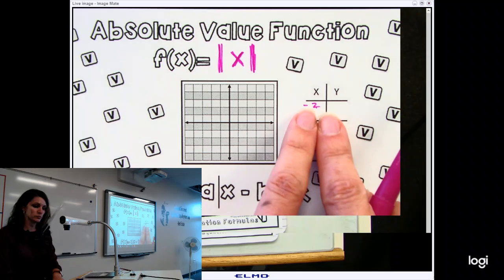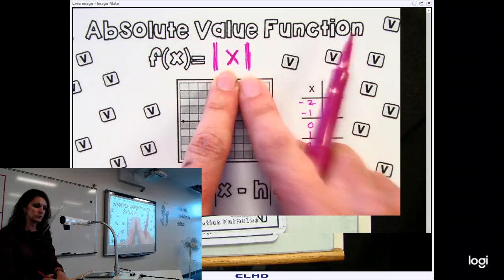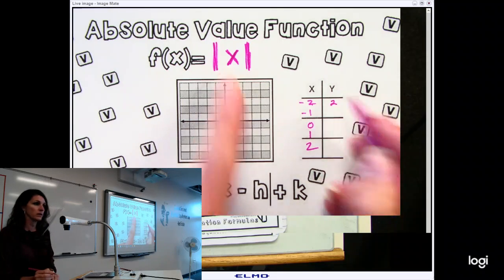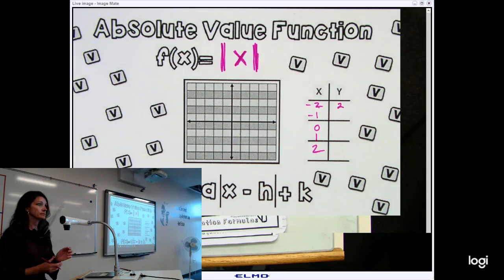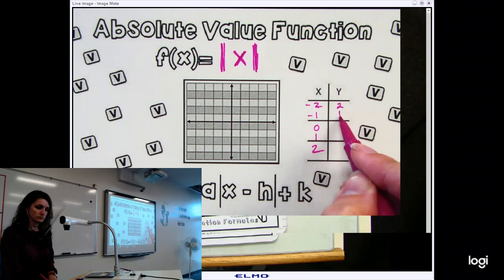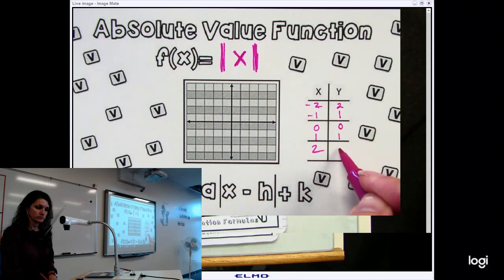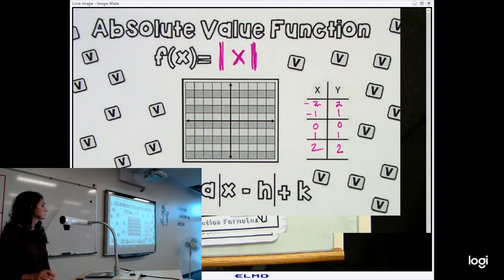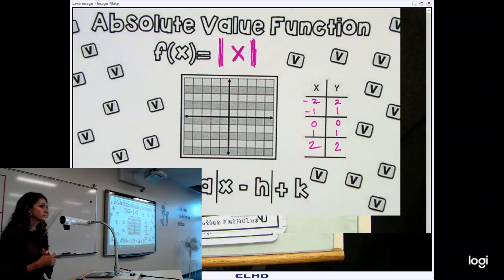So I'm going to choose -2 first. Absolute value of -2 is, there you go. Now you guys have an idea of what I want you to do. Once you have those, plot those points.